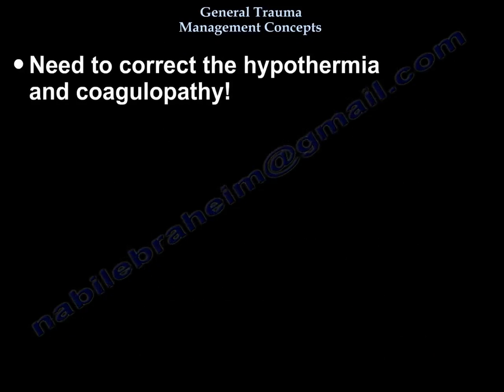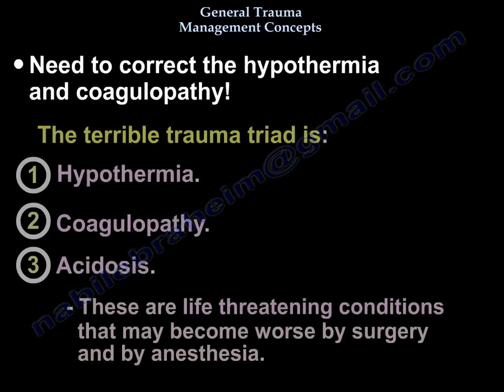Another point, you've got to correct the hypothermia and coagulopathy. The terrible trauma triad is hypothermia, coagulopathy, and acidosis. These are life-threatening conditions that may become worse by surgery and by anesthesia.